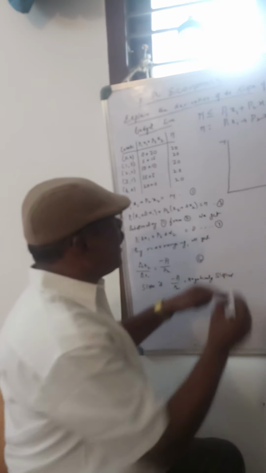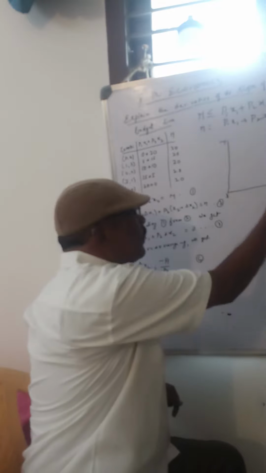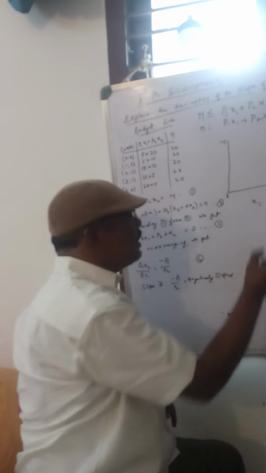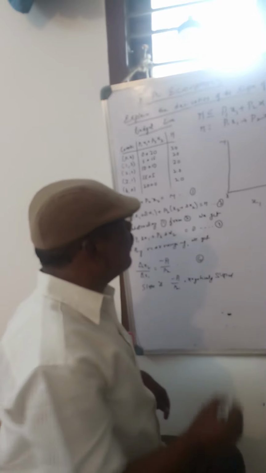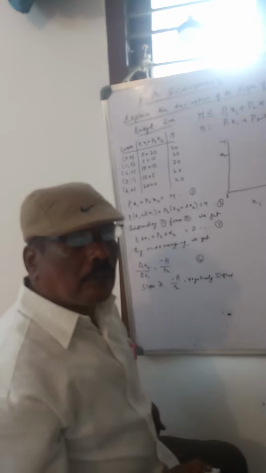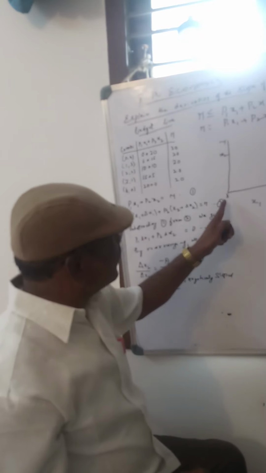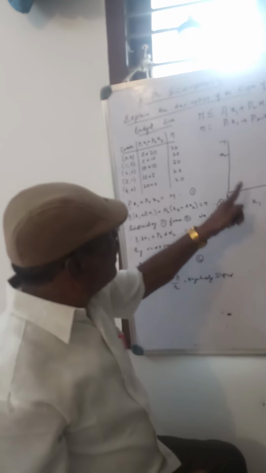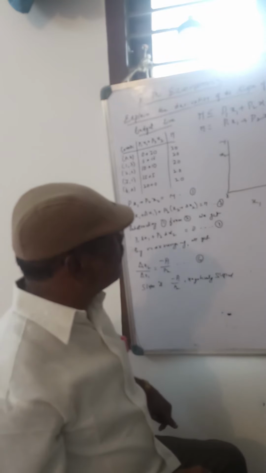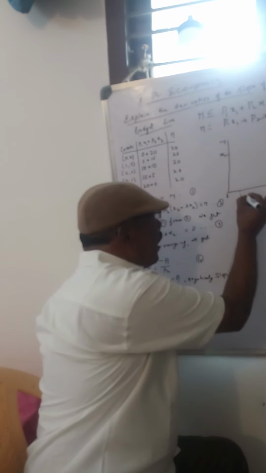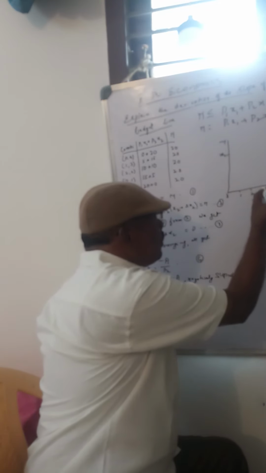So this is OX, this is OY, and X1 are measured along the OX axis and X2s are measured along the OY axis. Please understand, X1 are measured along the OX axis and X2s are measured along the OY axis. Now just say 1, 2, 3, 4.